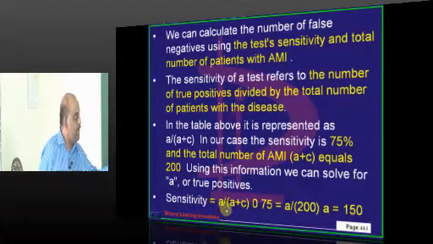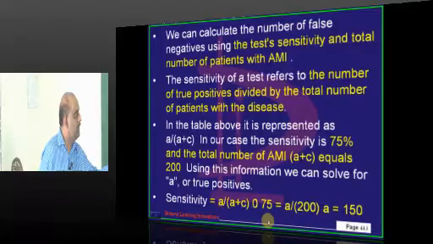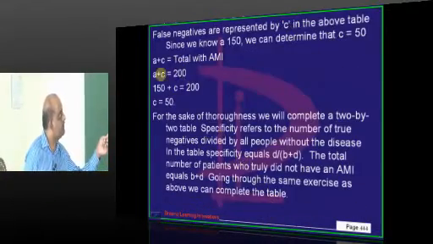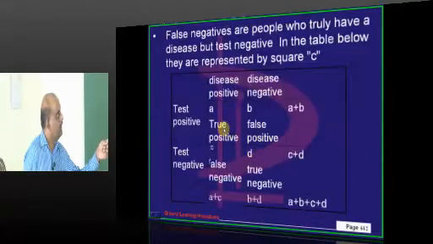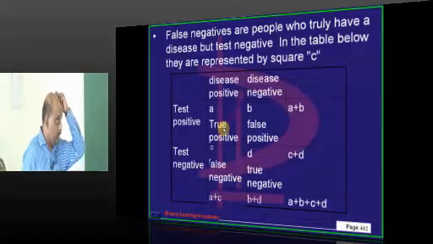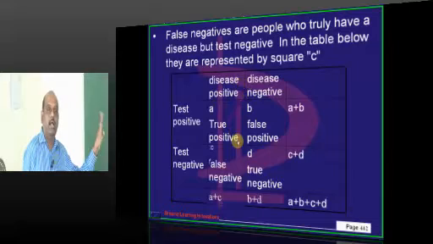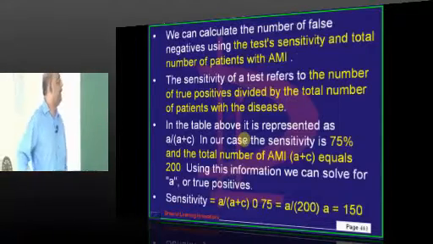So sensitivity is equal to A by A plus C. First we need to put this 2 into 2 table, then we can be able to calculate, doctor.